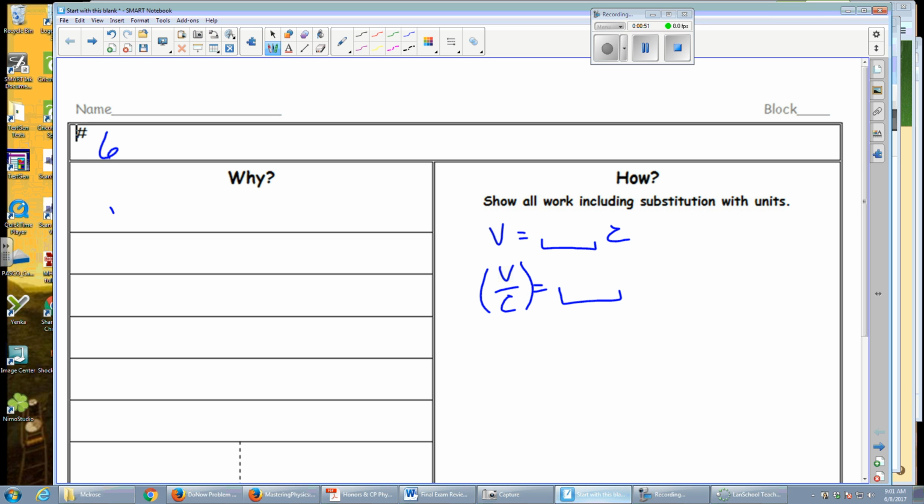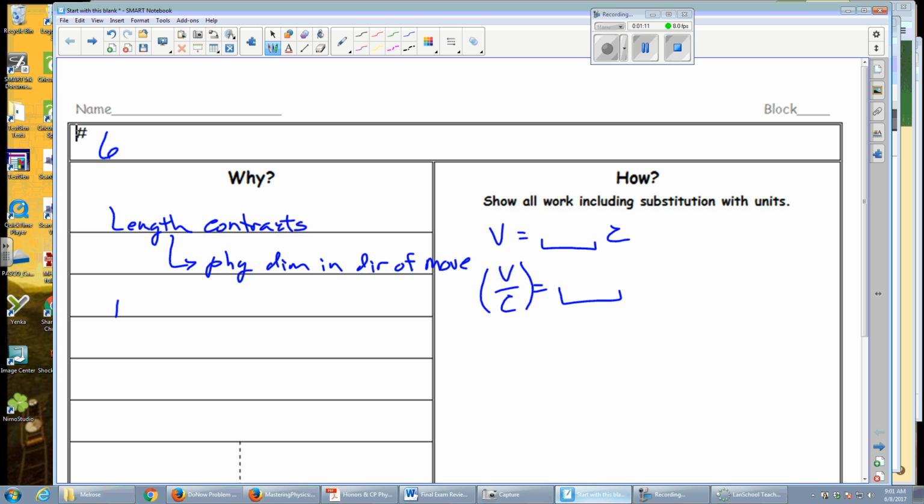And of course we know that length contracts. And by length we mean physical dimension in the direction of movement.